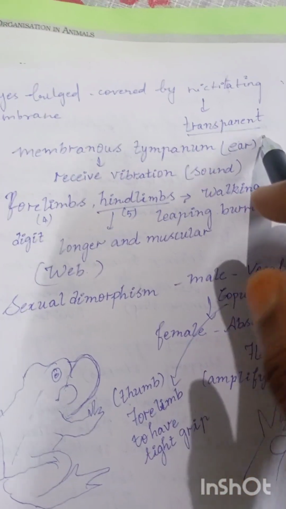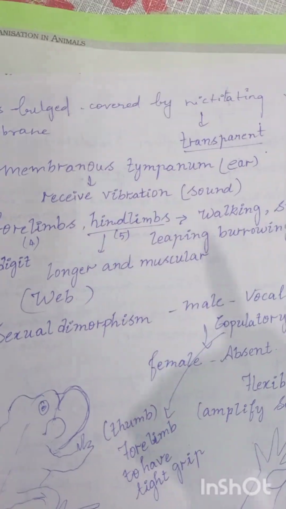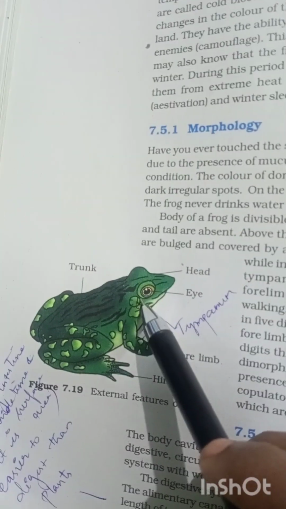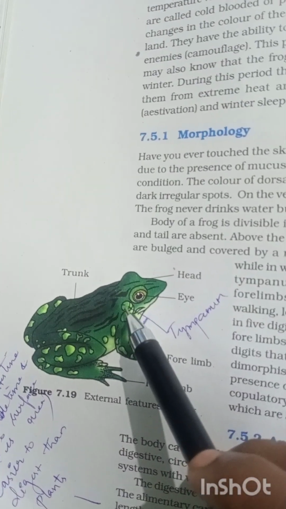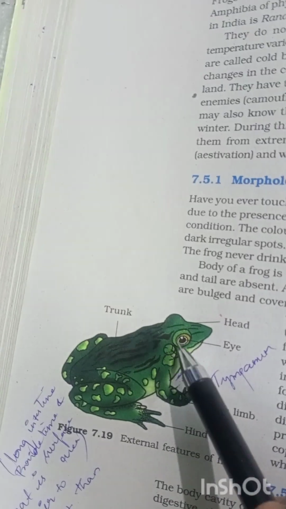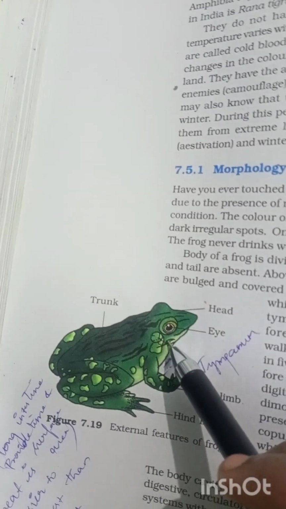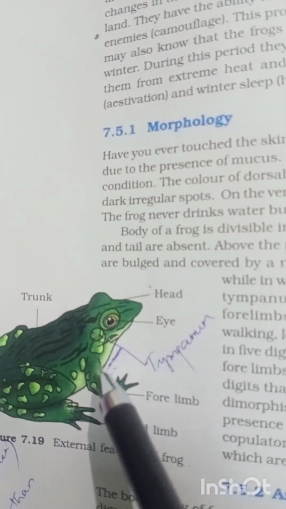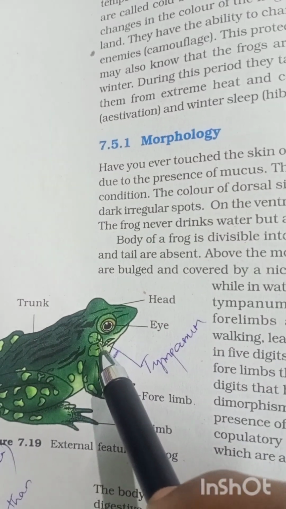It is an adaptive mechanism to make the frog see clearly underwater. The ear is actually represented by a membranous tympanum. The tympanum is usually the inner ear; the outer ear will be absent. Vibrations create sound, and those vibrations will be collected by the tympanum and processed inside.